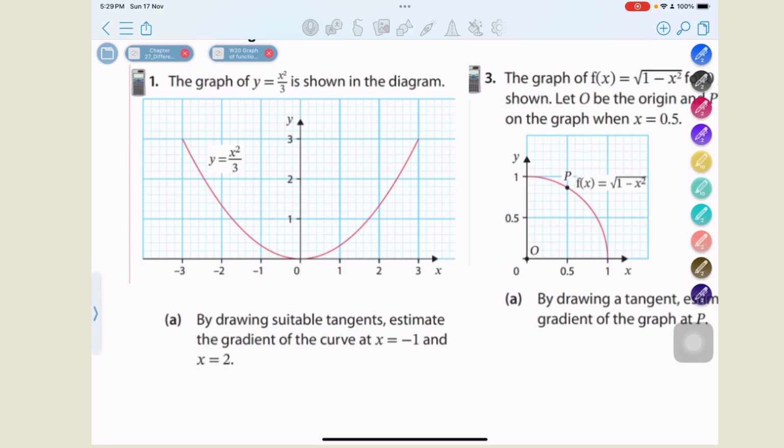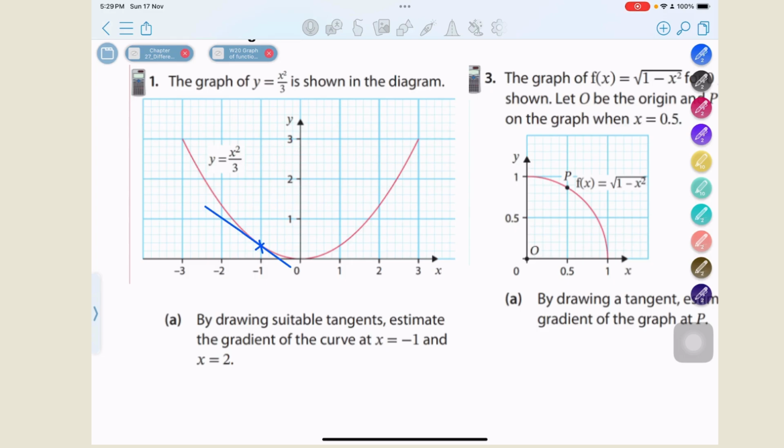First of all, I will make a point here, x = -1. Thereafter, I will draw a tangent cutting across the point, and I try to extend my tangent.